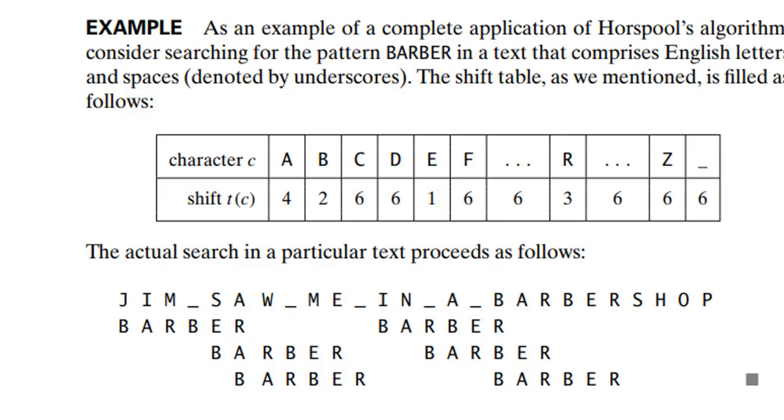It tells that when there is no occurrence of the particular last character in the pattern string, when it is not matching and there is no occurrence, in that case we will be shifting the pattern by the total length of the pattern string.